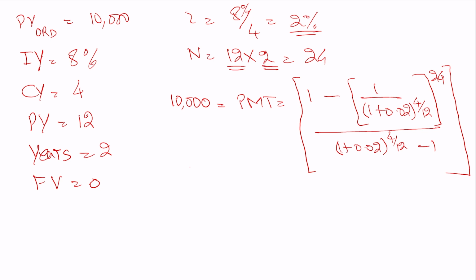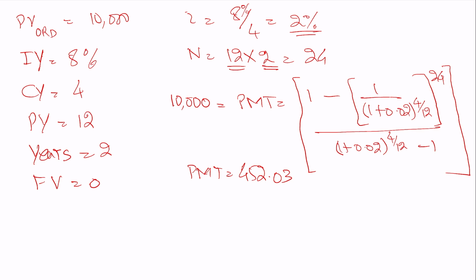So when you solve for PMT, we get 452.03, right? That's our PMT.